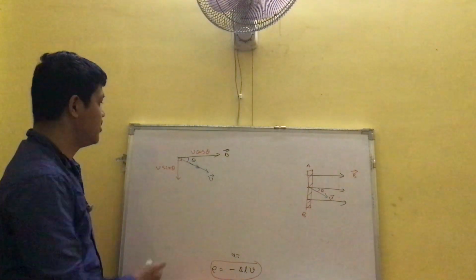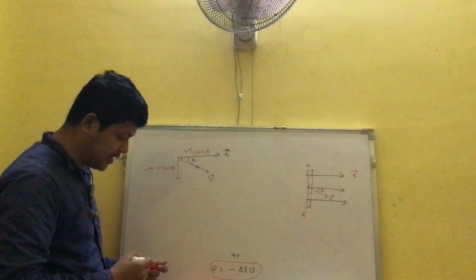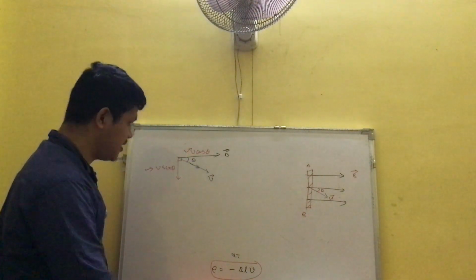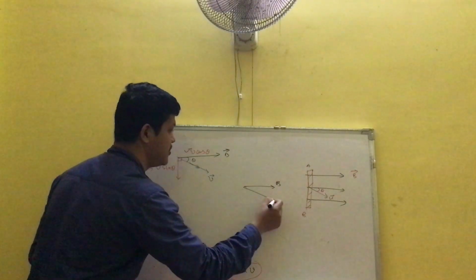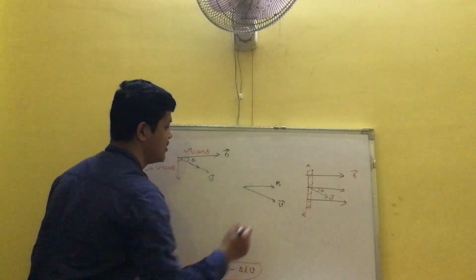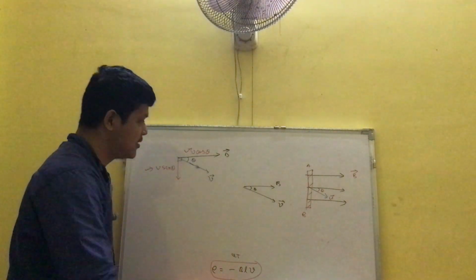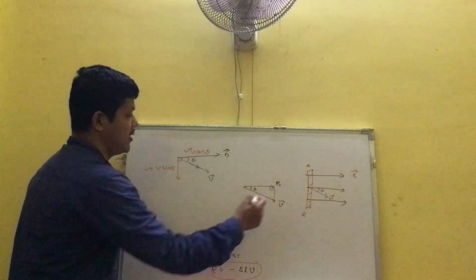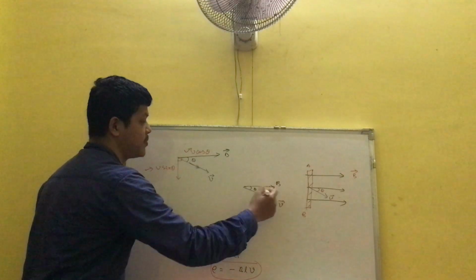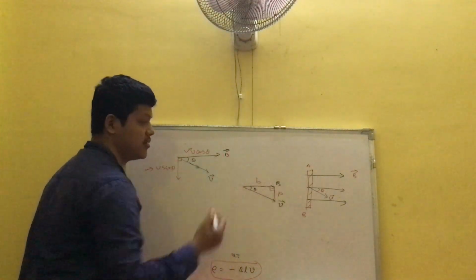Now let me explain why this is v cos theta and why this is v sin theta mathematically. Let me draw the diagram again. This is v and this is the angle theta. Now let's make a right angle triangle here, with this perpendicular p and this base b.